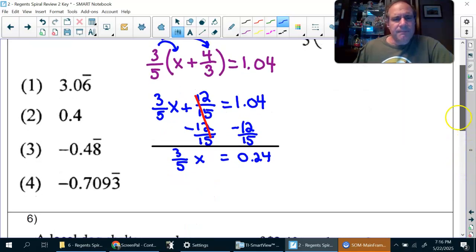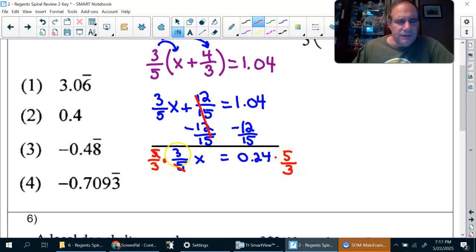One more step. Remember, we are going to multiply by the reciprocal. Just like that. And the 5 cancels with the 5. It cross cancels. And the 3 cancels with the 3. x comes down.